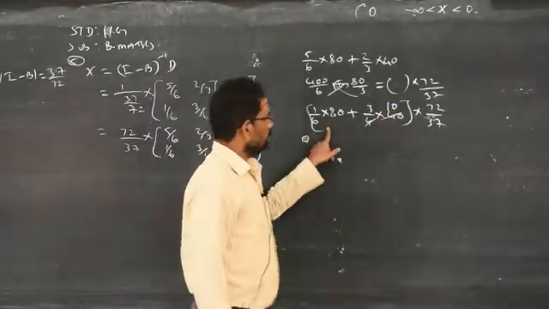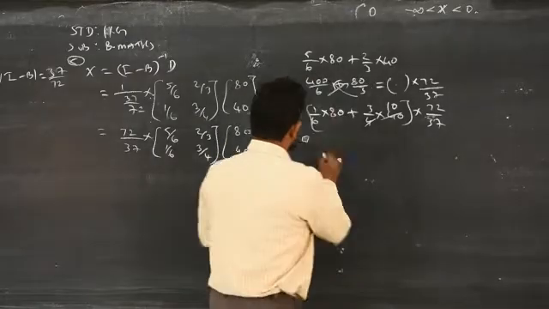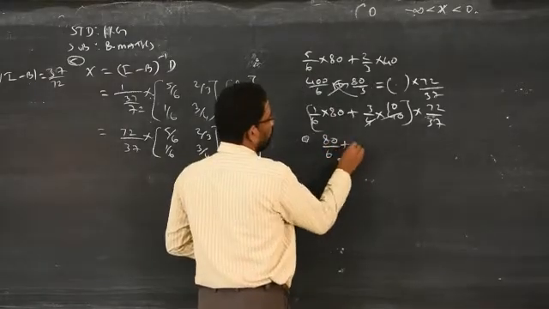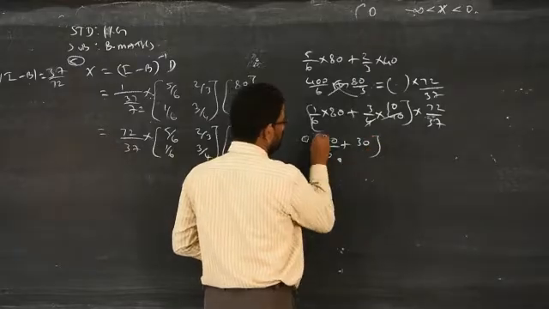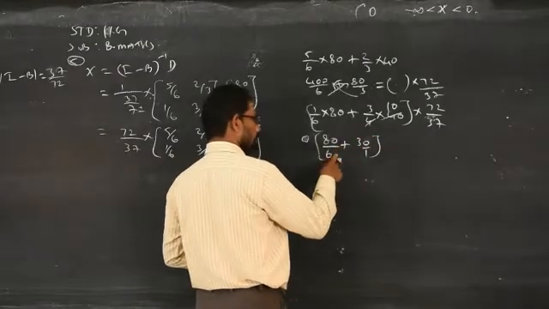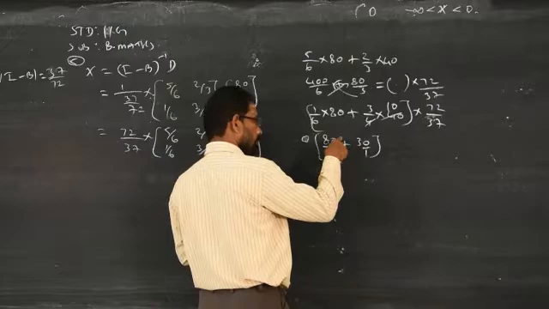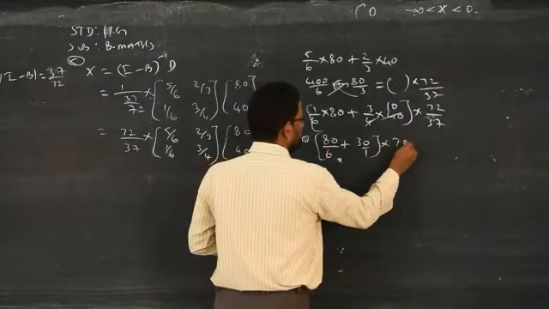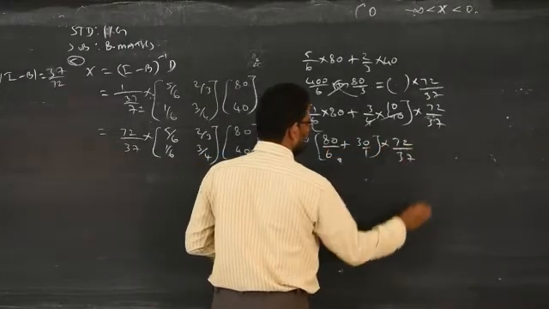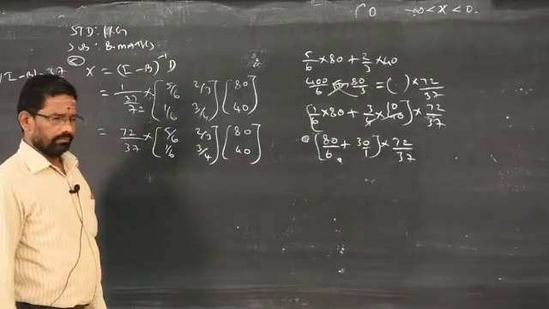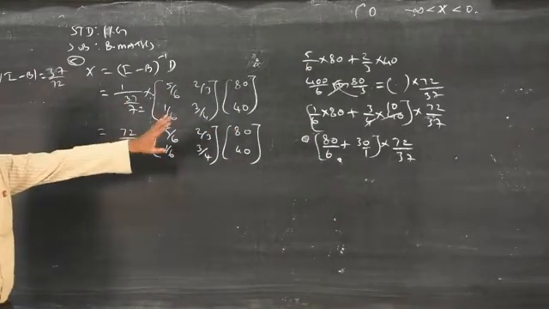But this will come as a decimal, 80 by 6, plus 30. Again, either you divide these two and write the decimal and add 30, multiply with 72 and divide the answer by 37. This is one method. Clear? So, follow this, it is one method.